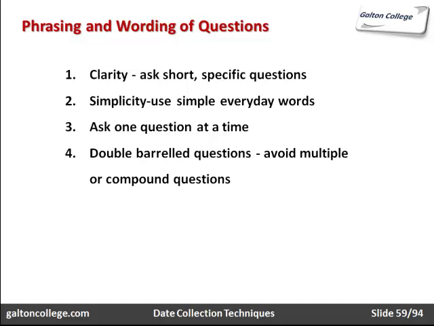Avoid, as I said earlier, double-barreled questions. Avoid, do you believe this or this or this should happen if this happens? Because you've got too many options here. The respondent doesn't know which one they're answering. So instead of having 2 parts or 3 parts to a question, have 3 questions.